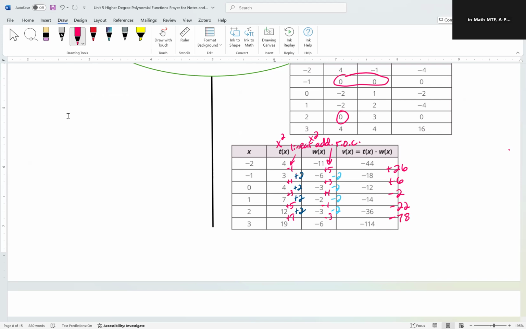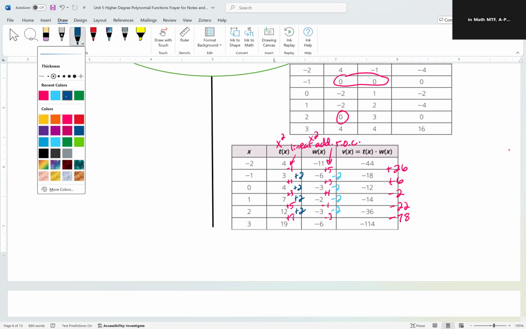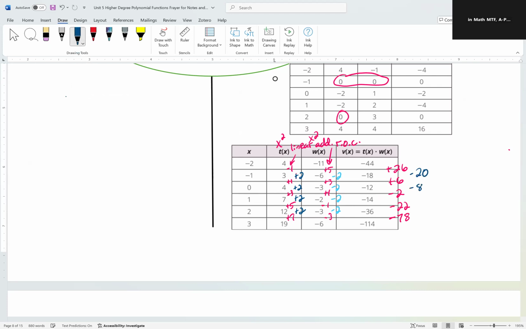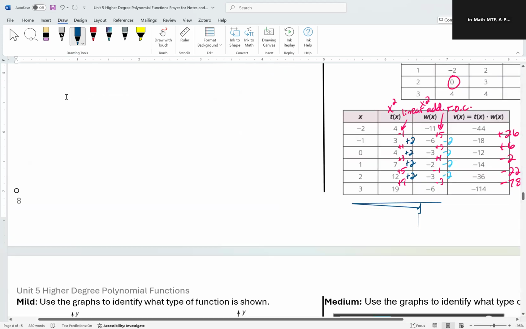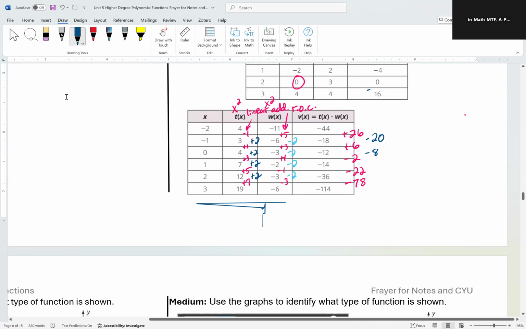-78. Let me check that. Yeah, 78. Okay. Then a -20, -8, -20 again. Whoa, computer freaked out. -20, -30, nope, 56.